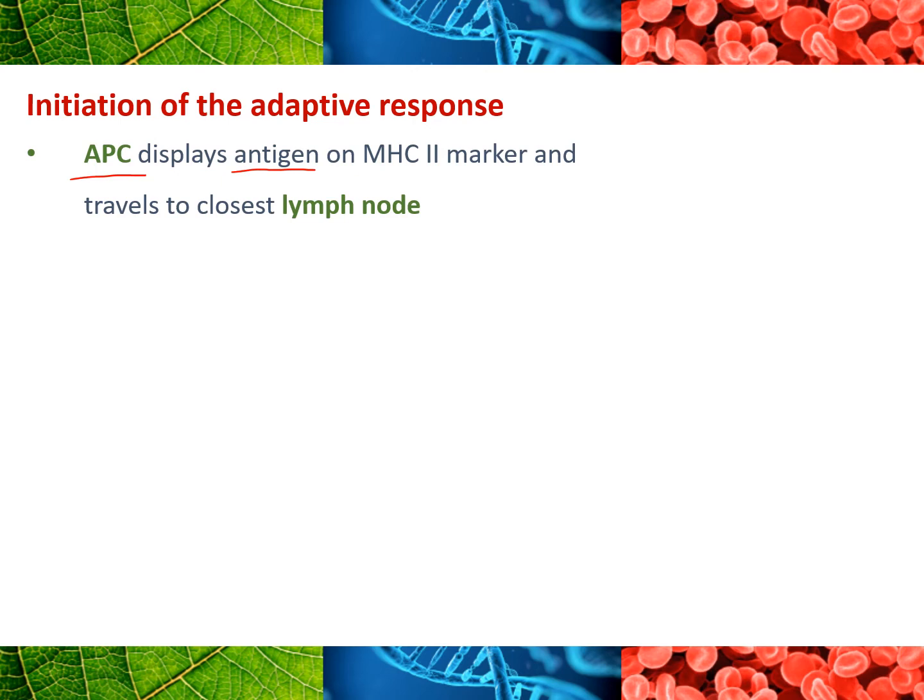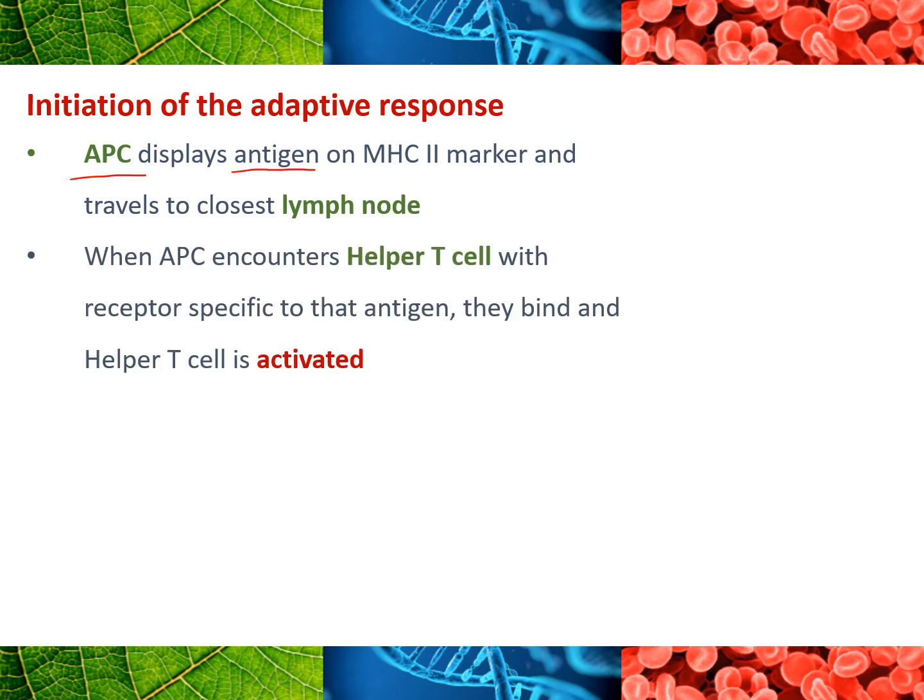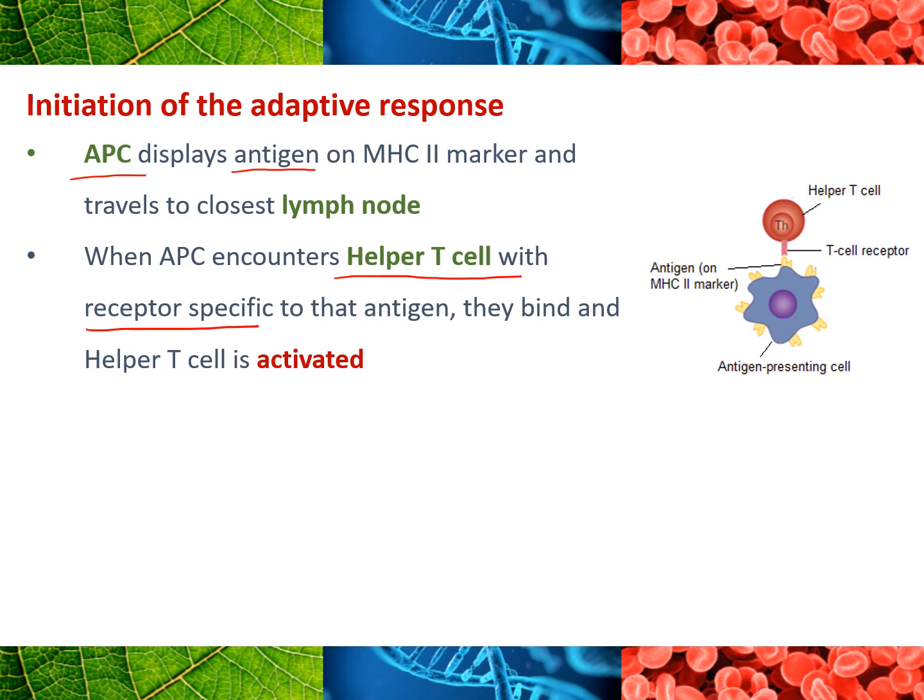Okay, so we looked at that in the lymphatic system. When the antigen presenting cell encounters a helper T cell that has a specific receptor that is the same as the antigen it's carrying, they will bind together. And what we get is this antigen presenting cell presenting this antigen. If it matches the receptor on this helper T cell, this helper T cell gets activated.